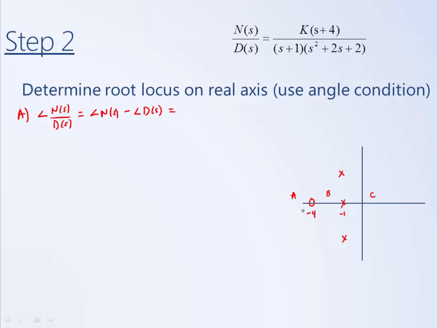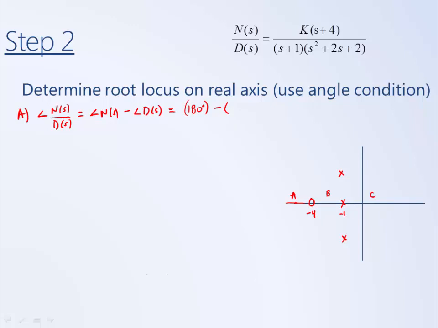So if we pick a test point out here in the A region and we draw an angle from the 0, you can see that the line drawn from the 0 to a test point in the region A is -180 degrees or +180 degrees. It's in that direction. So that's our only 0.